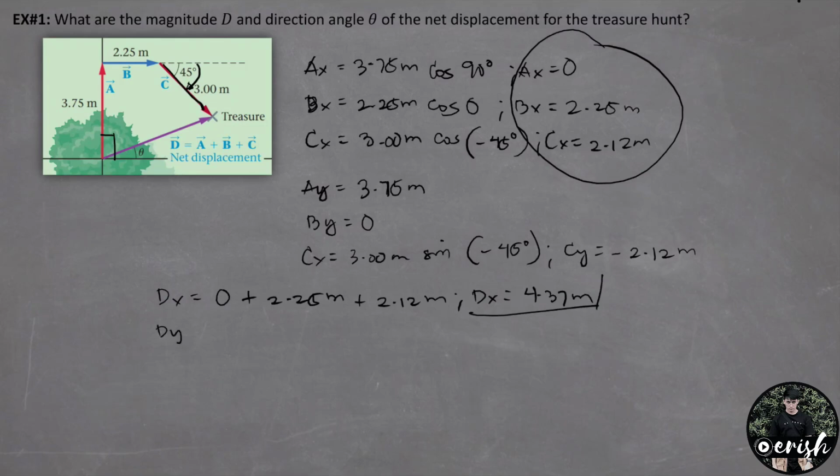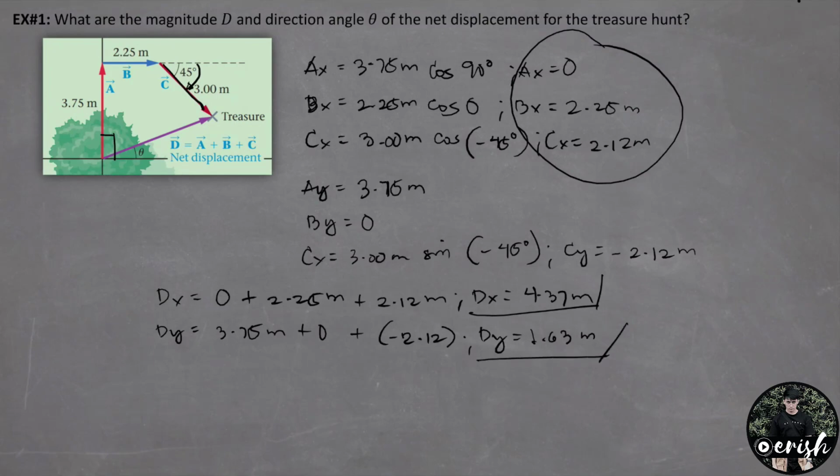For DY naman, we have 3.75 meters plus 0 plus negative 2.12 meters. And the value of DY is equal to 1.63 meters. Kaya mahalaga na natakal natin yung paglalagay ng sign of components.